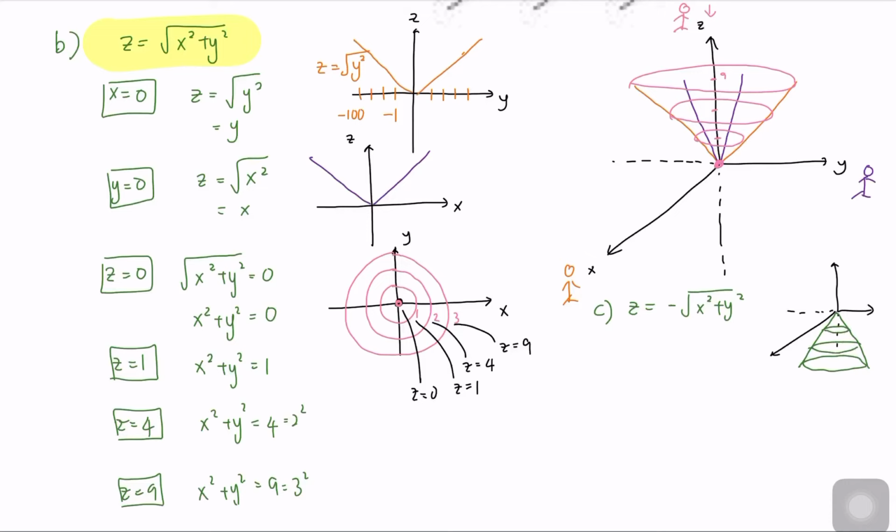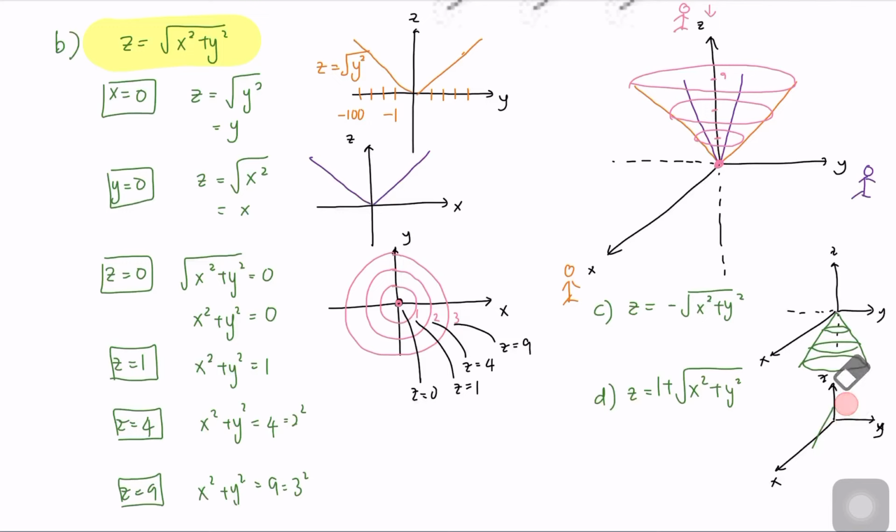Or let's say you have another graph. Like the original one, square root of x squared plus y squared, but this time it has 1 plus. How do you want to sketch your graph? So 1 plus means the graph is shifted 1 unit in z. Basically this one is positive, right?